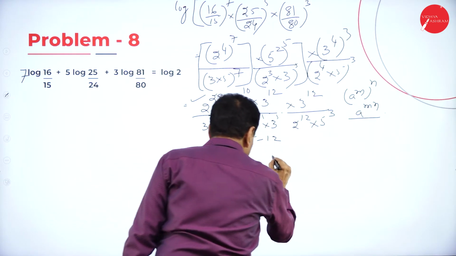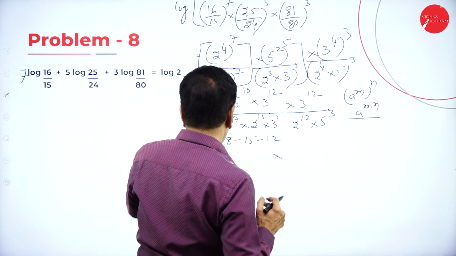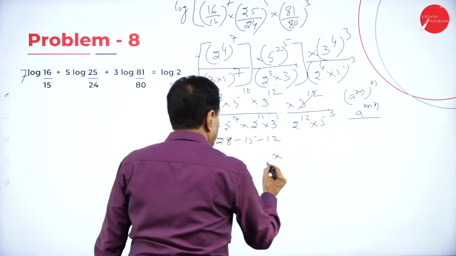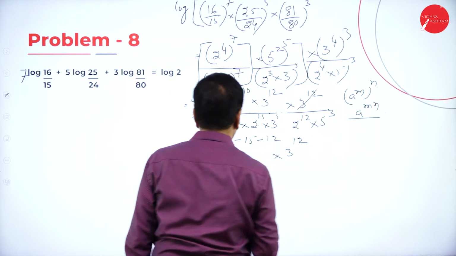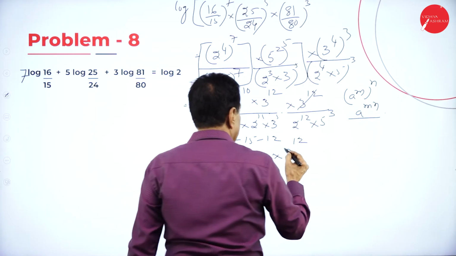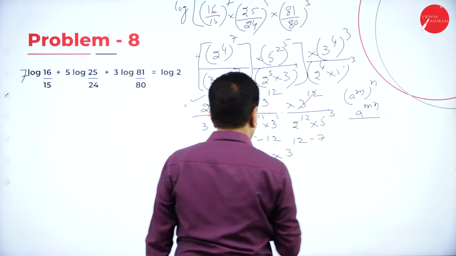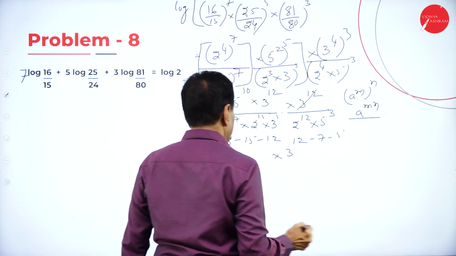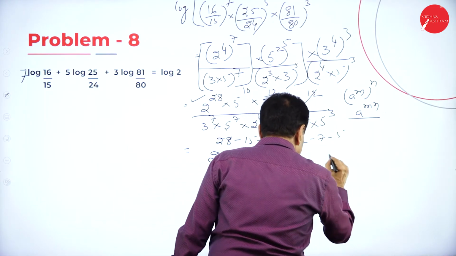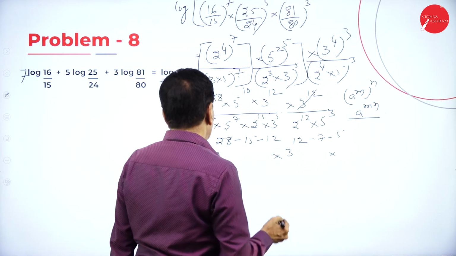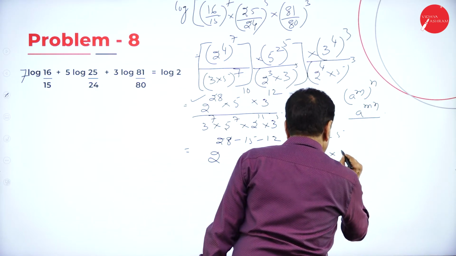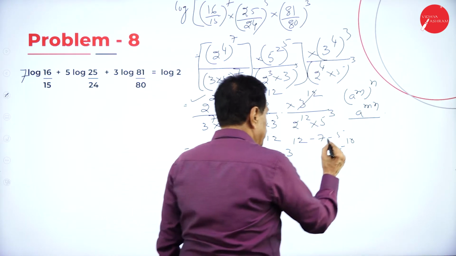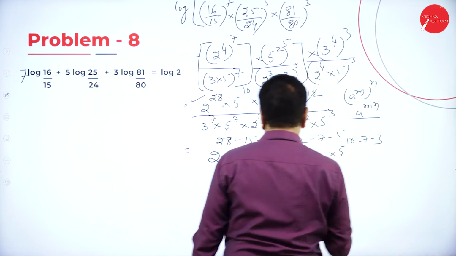Come back to 3. 3 to the power of 12, this is repeated, 3 to the power of 12 minus 7 minus 5 into 5. 5 to the power of 10, then 5 to the power of 7 minus 3.